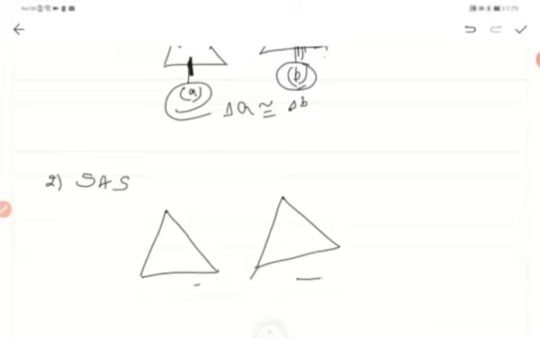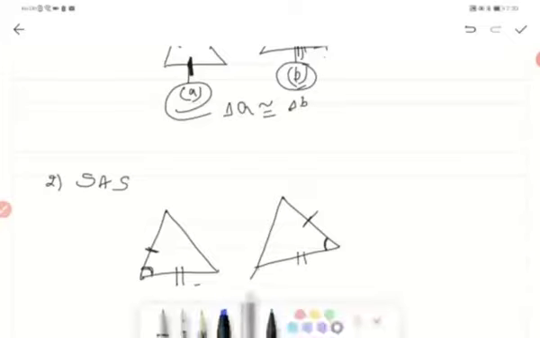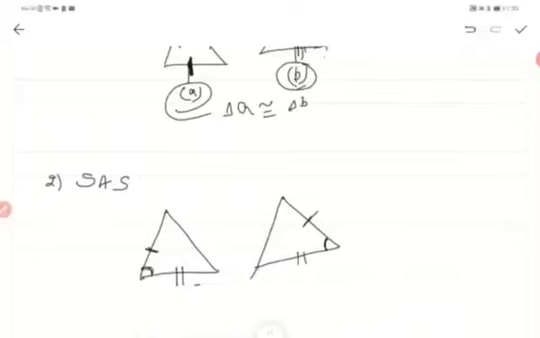It is given that this side is equal to this side, and this angle is equal to this angle, and the other side which is equal is this side. So we have two sides of the same length and an included angle.